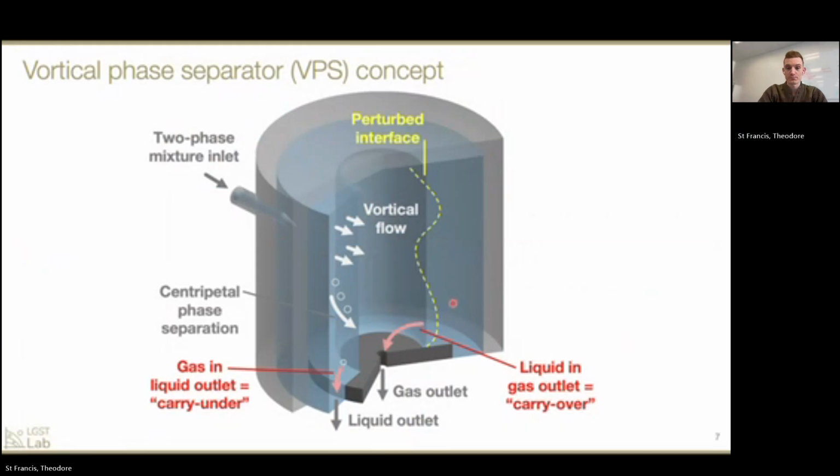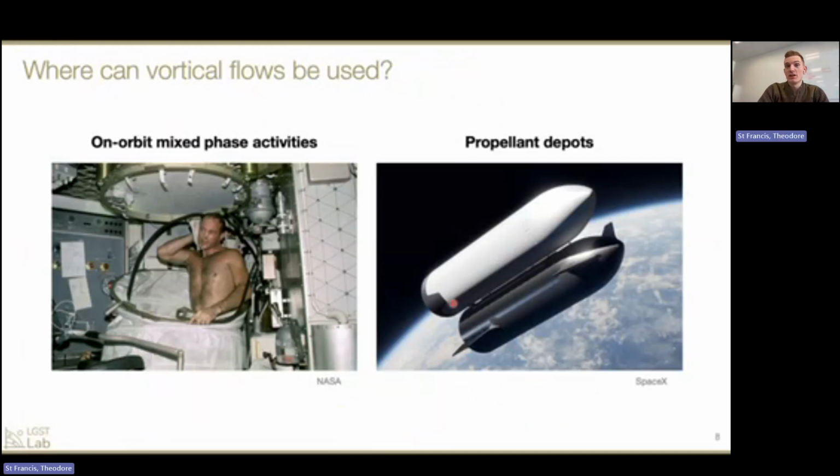So where is this useful? In any of the on-orbit activities, such as washing or hygiene, or any number of fluid systems which have both gas and liquid phases, or on a larger scale, propellant depots, where there will be some liquid and gas phases present together in a tank, which will not be separated by a bladder.